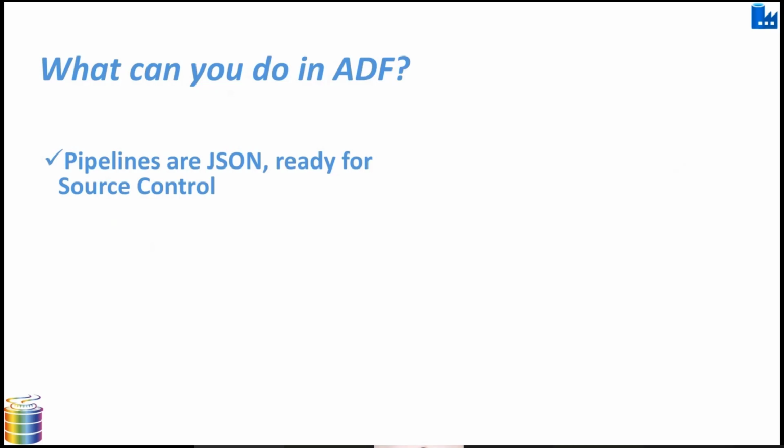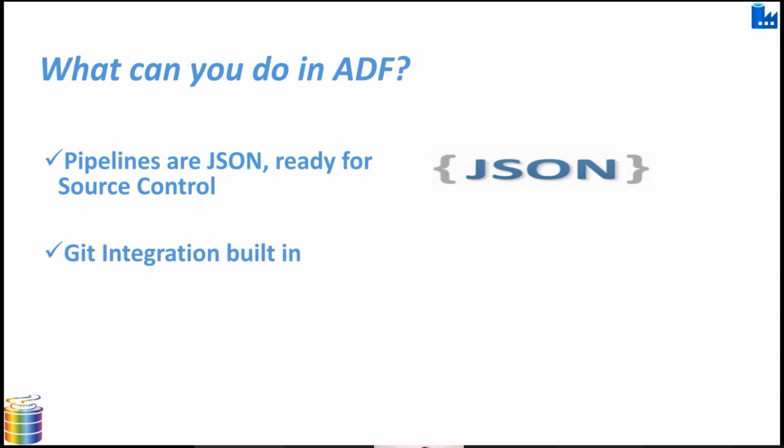You can use source control in your Azure Data Factory, because each and every component you create in Azure Data Factory generates JSON code automatically behind the scenes. So you don't need to worry about code at all. And you can use the built-in Git integration.